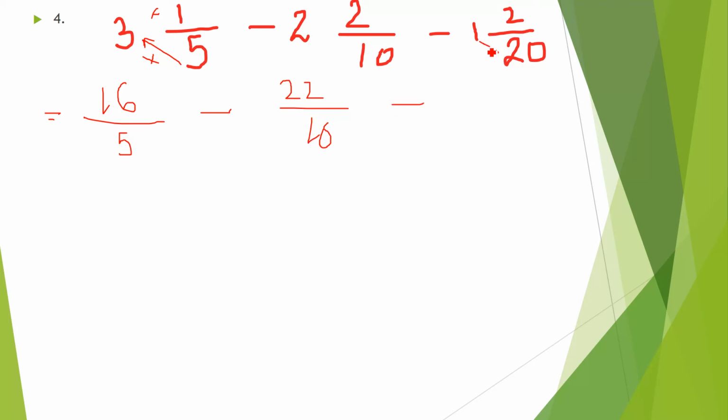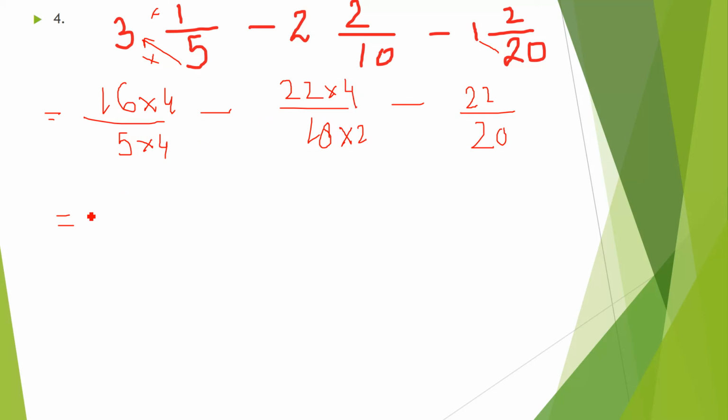Now what is the second step? We have to make the denominator same. How? If I multiply this 10 by 2, it will be 20. If I multiply 5 by 4, it is 20. And then you have to do the same operation in the numerator as well.